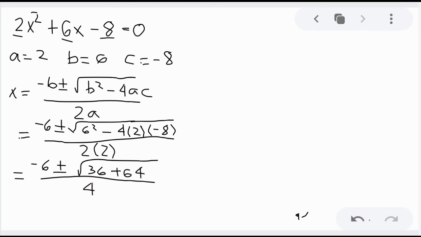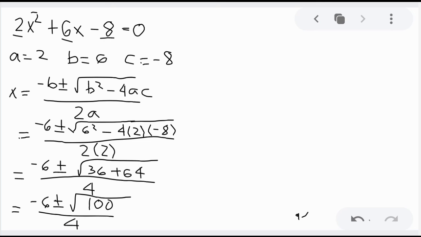Continue simplifying: negative 6 plus or minus the square root of 36 plus 64, which is 100, all over 4.